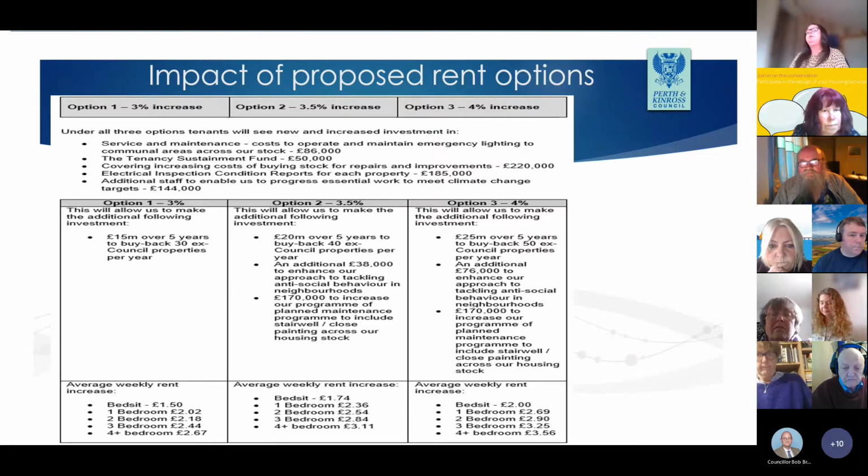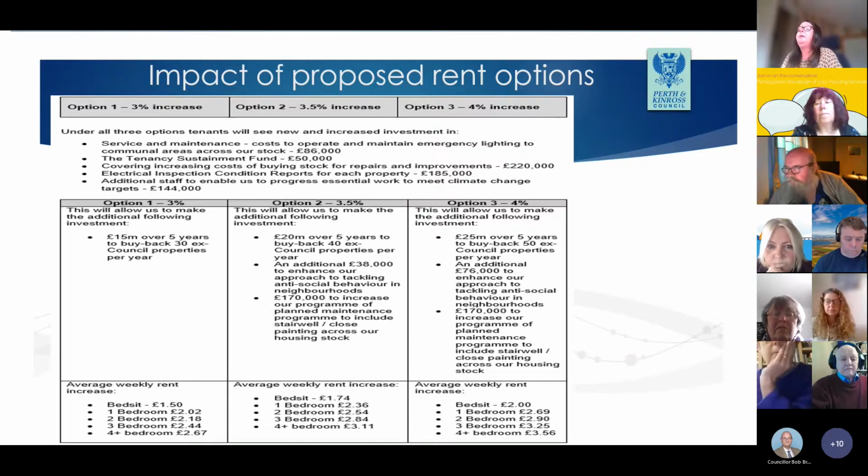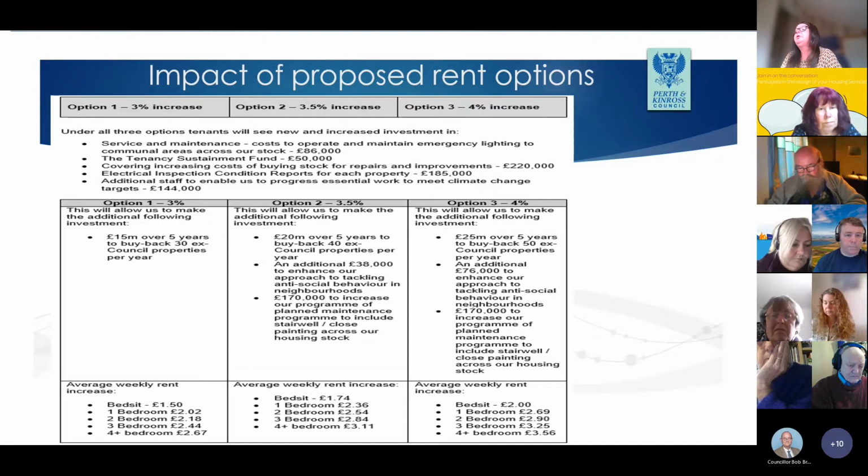Under all three of the options, tenants will see new and increased investment in service and maintenance costs to operate and maintain emergency lighting to communal areas across our stock, the Tenancy Sustainment Fund, as I mentioned earlier, covering the increased costs of buying stock for repairs and improvements, electrical inspection condition reports for each property, and additional staff to enable us to progress essential work to meet the climate change agenda.